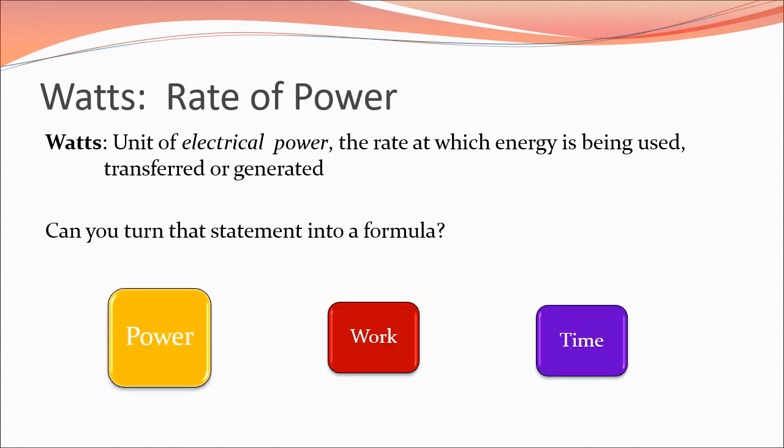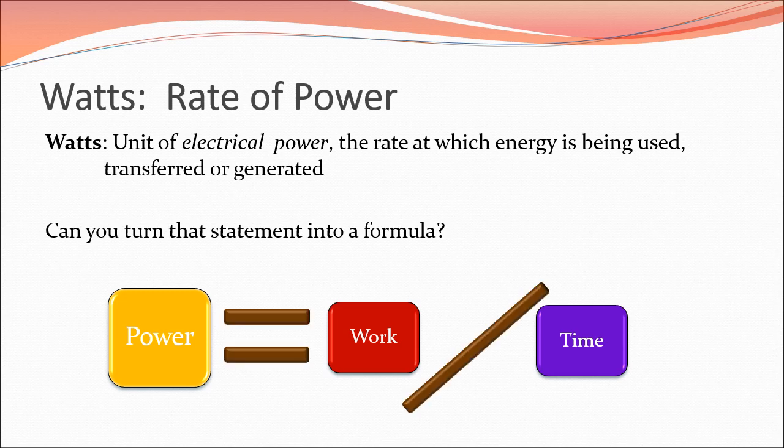Energy is work that's done on something or done by something. If we've got some amount of work or energy being transferred in some amount of time, to work out the power we just divide the work done by the time it took to do that work. So power equals work over time is the general formula for any situation where you're looking at power.